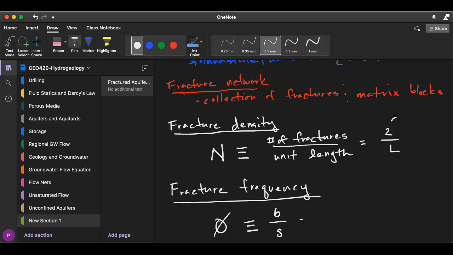So I'll put this note up here for parallel fractures.